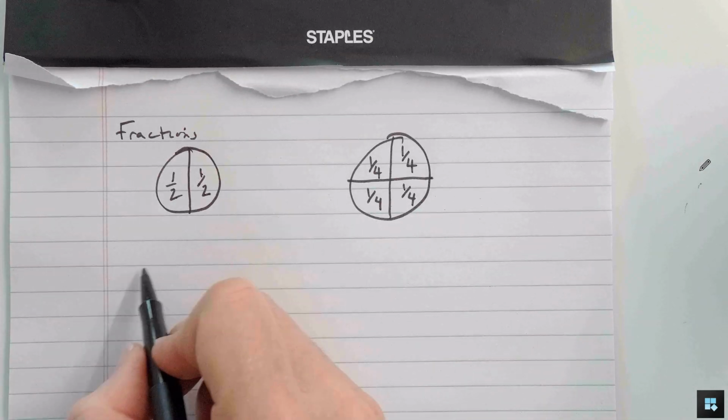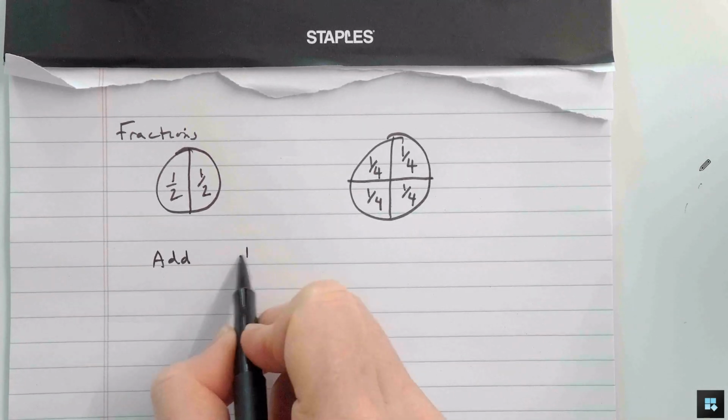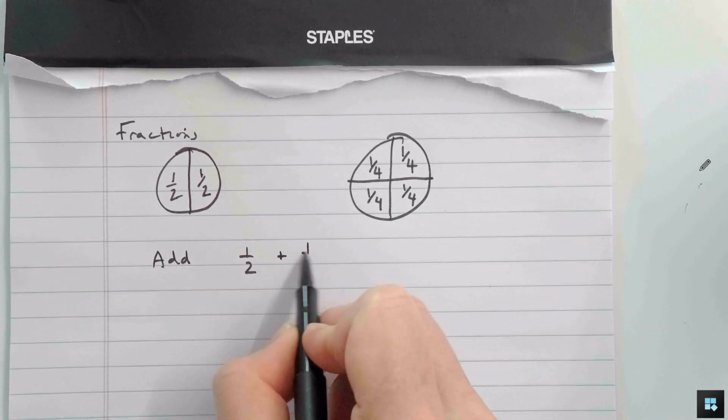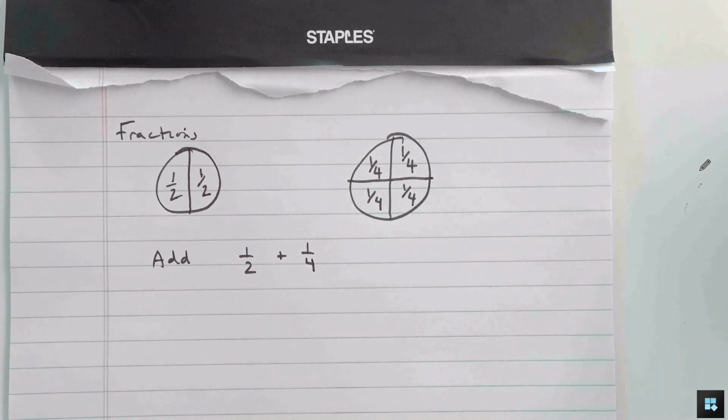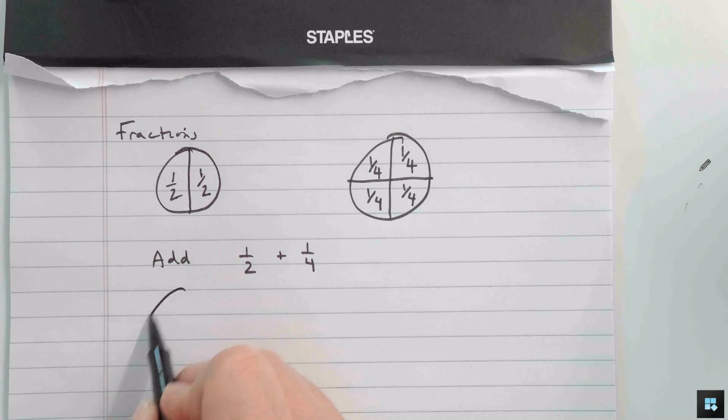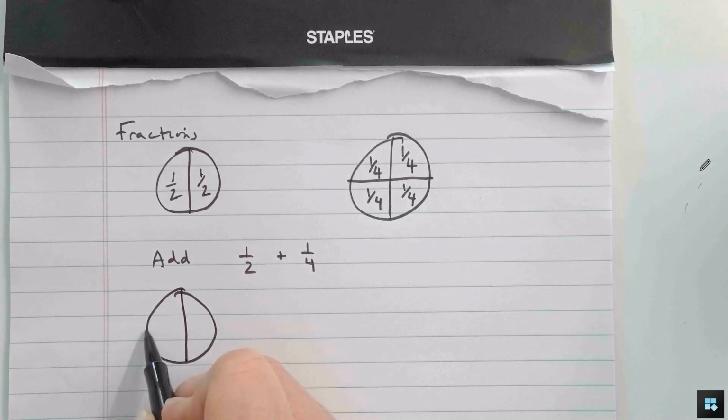Now if you wanted to add halves and fourths, then they're not the same size. So to get them to be the same size, you take your 1/2 and you cut it in halves. Okay, so you have 1/2 and 1/2, and then you cut those in half.